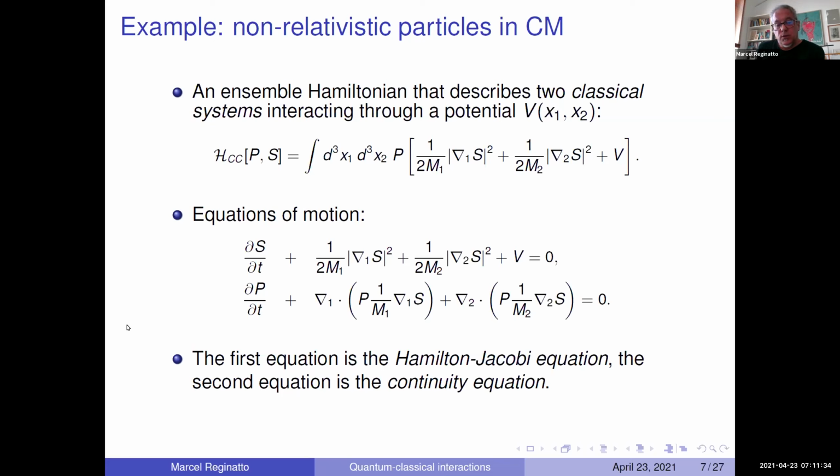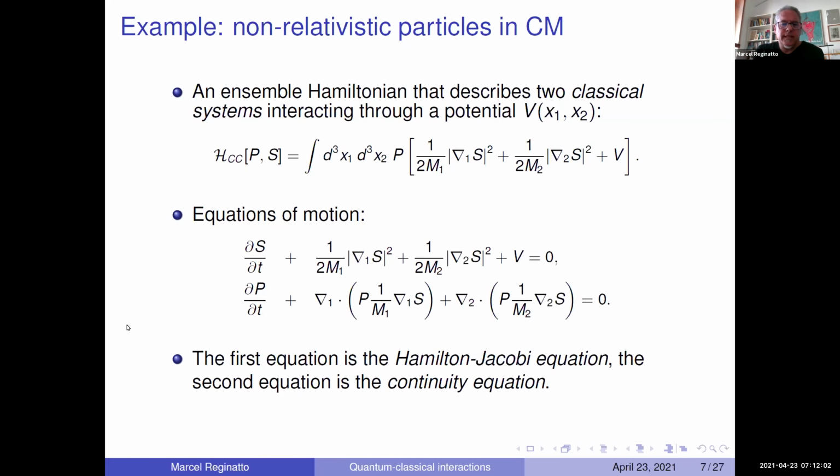So essentially what you have here is basically a probability on configuration space that moves according to the vector field defined by this function S. And this is what I will call a classical system. It's a slight generalization in that you're allowing for some uncertainty in the positions, but basically you're doing Hamilton-Jacobi theory.